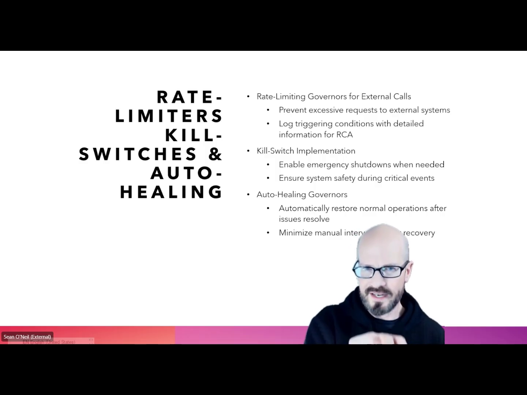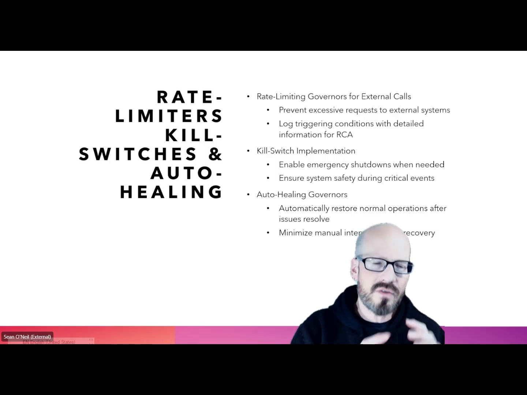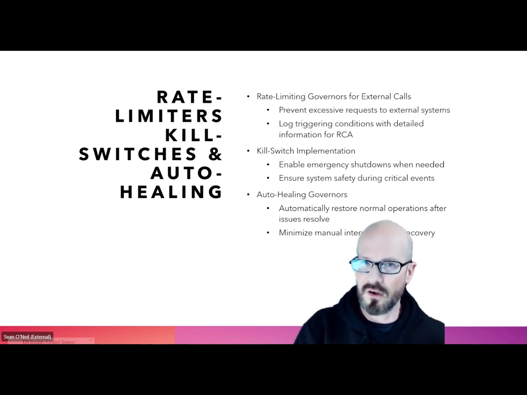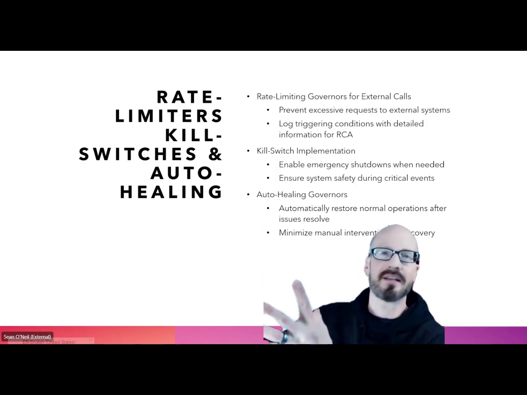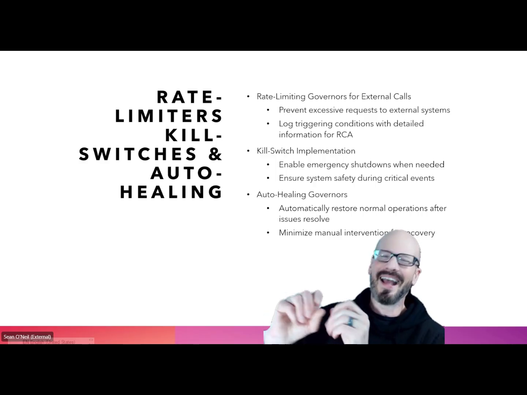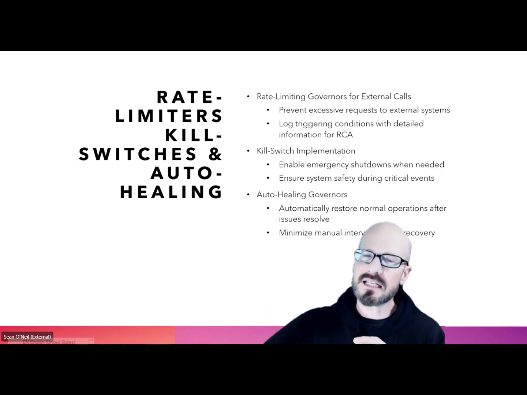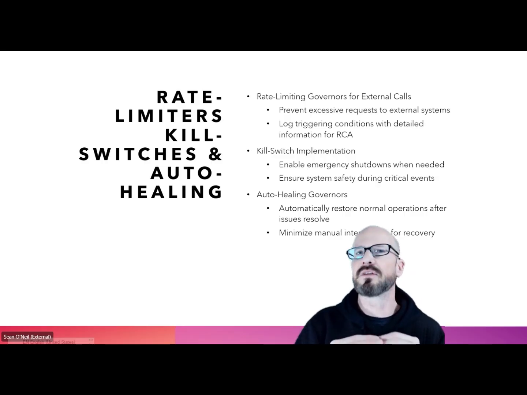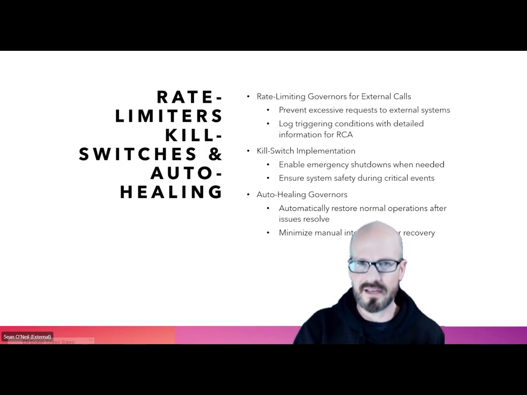Other things about rate limiters and kill switches: a governor that you would place on a system could in and of itself go down. So for example, if I'm calling into a back end system like a good old fashioned mainframe, and I'm going to go through a connection pool into that back end system, if that back end system starts to degrade, if the response time starts to elongate, if the throughput starts to go down, then throw that governor, start limiting new requests coming in.